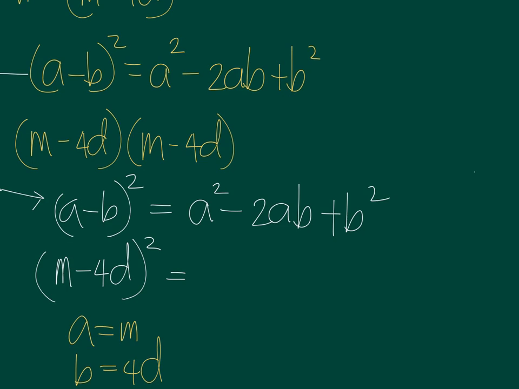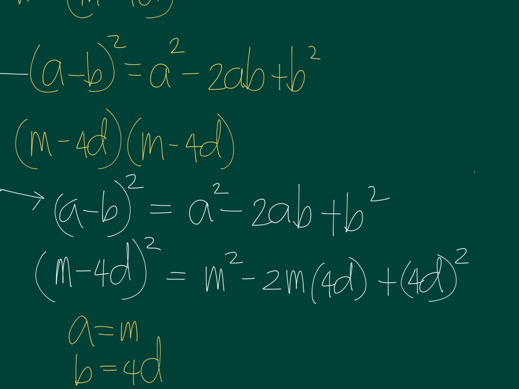So this is equal to m squared minus 2 times m times 4d plus (4d) squared. So we have m squared minus 2 times 4, it's 8dm or md, plus 16d squared.